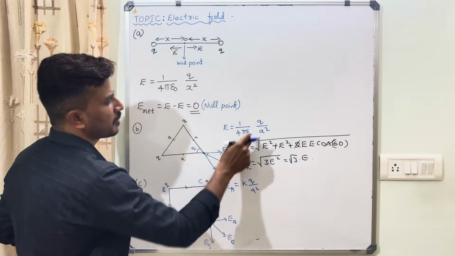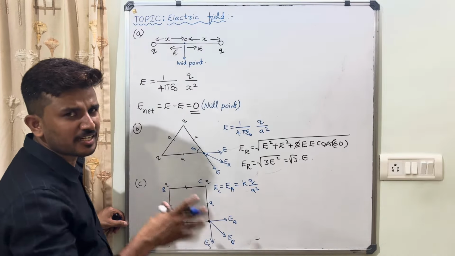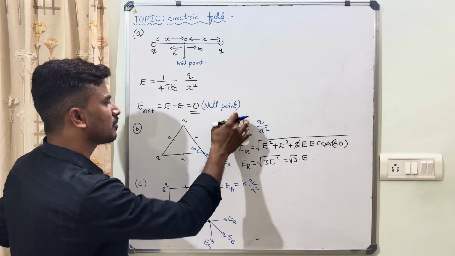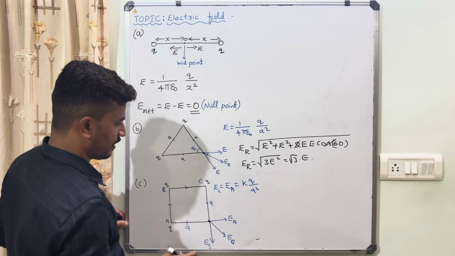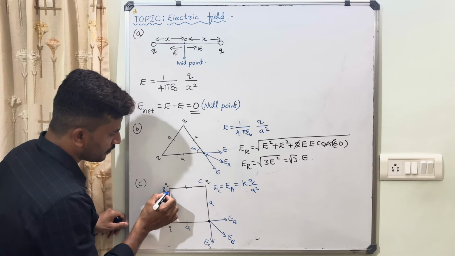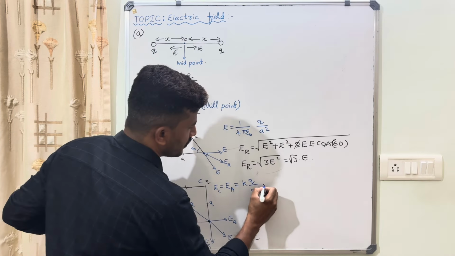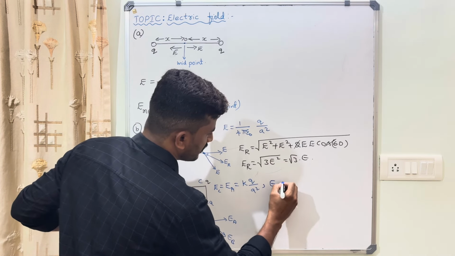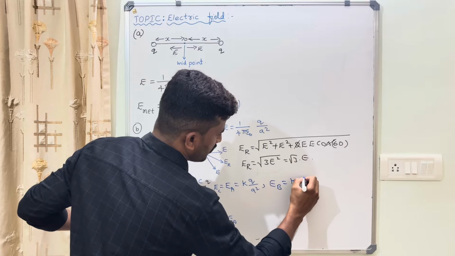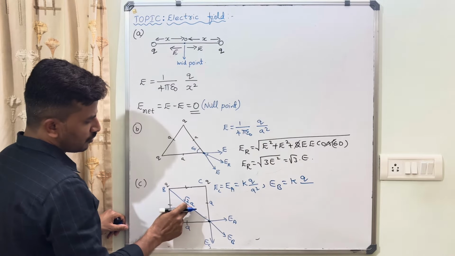K means 1 by 4 pi epsilon, that is a constant. Here a dielectric medium is not there, so let us directly write 1 by 4 pi epsilon as K. Now what is EB? For that you need this distance. What is the diagonal? I have already told you it is root 2 A. By using Pythagoras theorem, you can solve this. So EB is equal to KQ by root 2 A whole square.